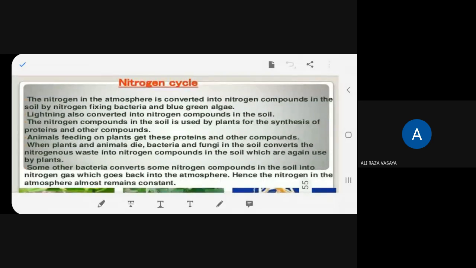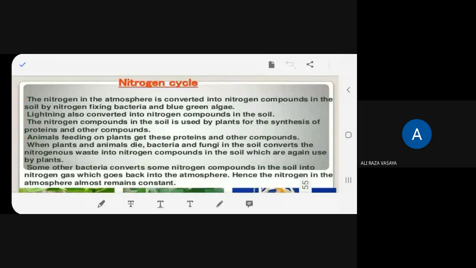Rhizobium bacteria is not a decomposer. Rhizobium bacteria is a good bacteria. It is helping in fixing the nitrogen and making it into protein. I am talking about the decomposers, the bacteria and the fungus which are decomposing, which are degrading the dead body. Hope you understand. Don't mix both the things.